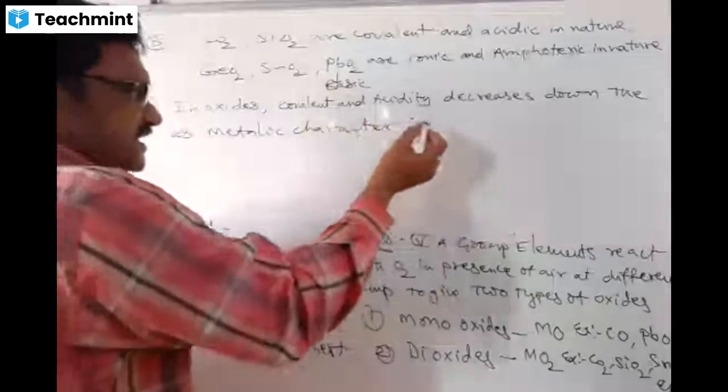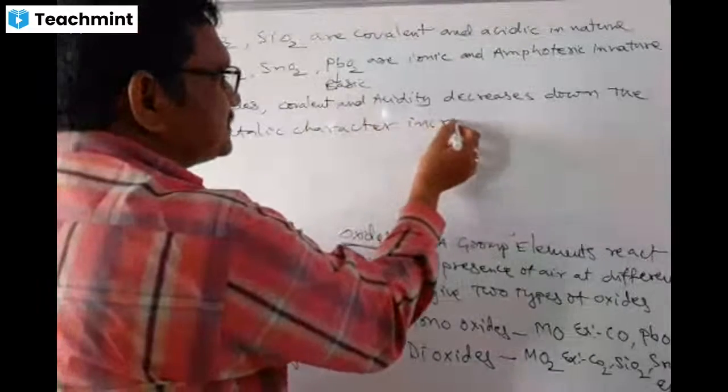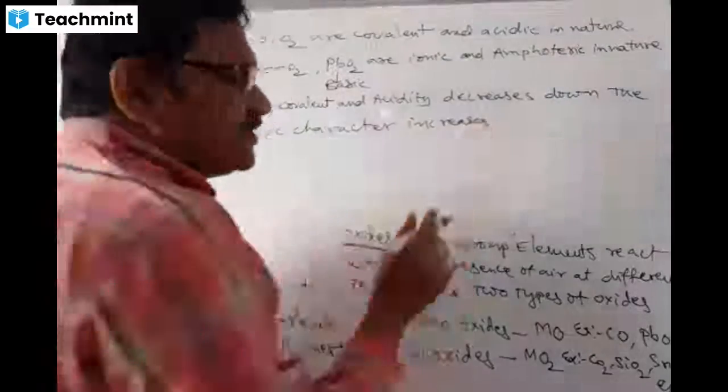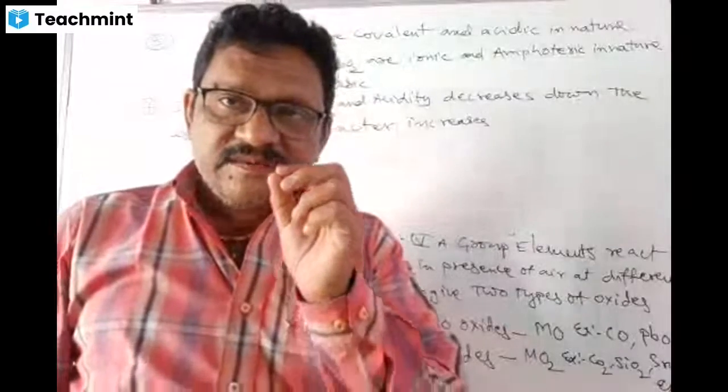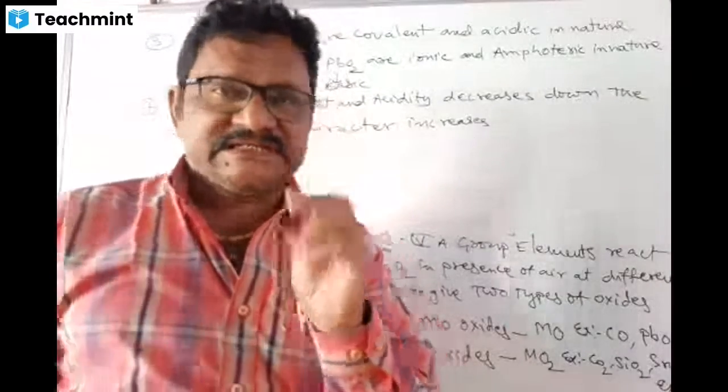Number of times I told you this point: metallic character increases. So simply remember, non-metallic oxides are acidic in nature. Metallic oxides are basic in nature.